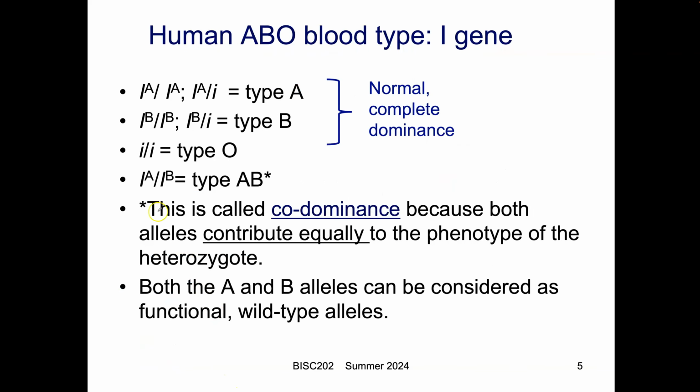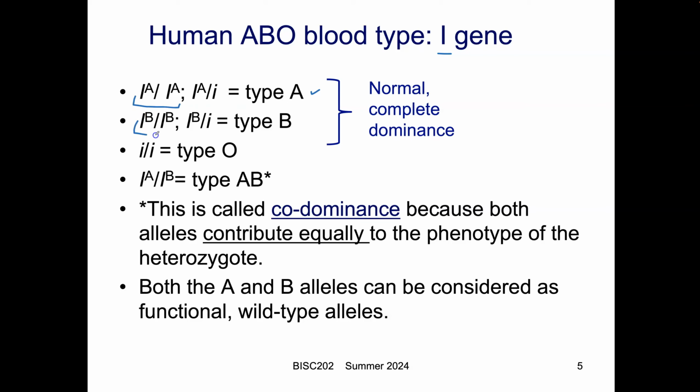Okay, so the gene is called the I gene, and you can have the A allele. So you would have 2 copies of the A allele, and that would be type A, or you can have 1 copy of the A allele and 1 of the O allele, and that would also make you type A. So this is just a normal complete dominant situation.